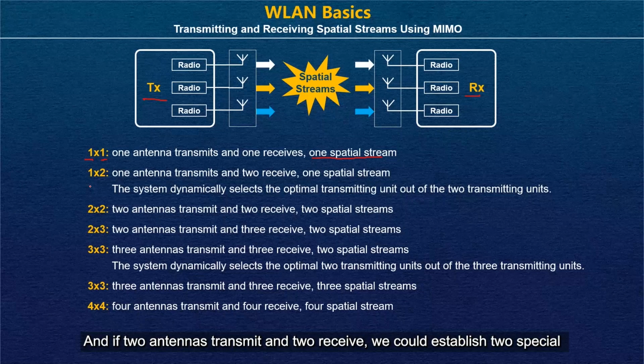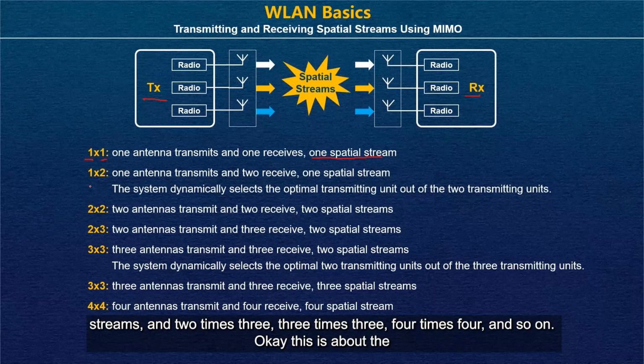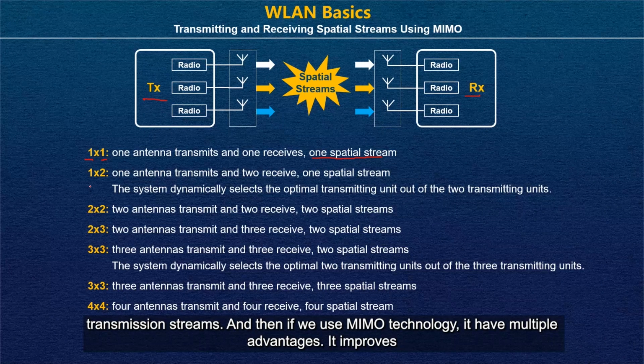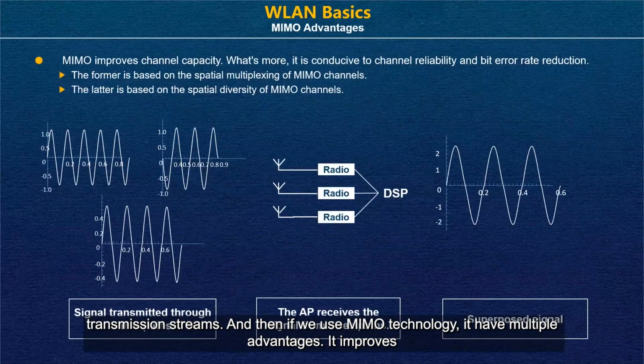And if 2 antennas transmit and 2 receive, we could establish 2 spatial streams, and 2 times 3, 3 times 3, 4 times 4, and so on. Okay, this is about the transmission streams.